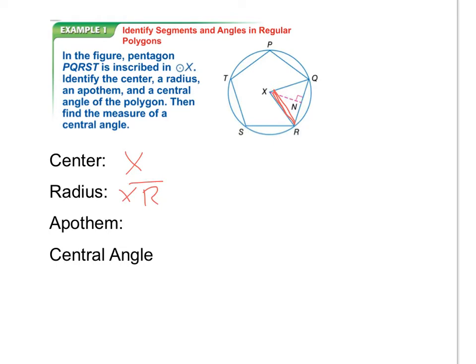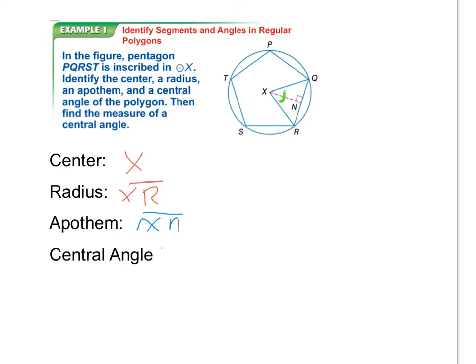An apothem is a segment drawn from the center to the midpoint of any side of a regular polygon. So in this case, our apothem is XN. And of course, we just talked about the central angle. The central angle is going to be this one right here. I'll do that in green. That's my central angle.